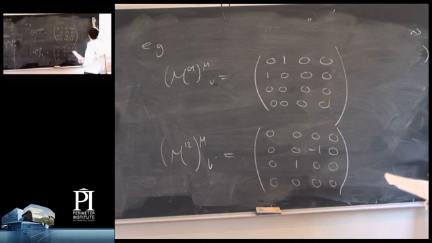Okay, so this is an infinitesimal boost in the x direction. Okay, 0 is time, 1 is x. So this is basically an infinitesimal Lorentz transformation, which is a boost in the x direction. This, meanwhile, is an infinitesimal rotation around the z direction.